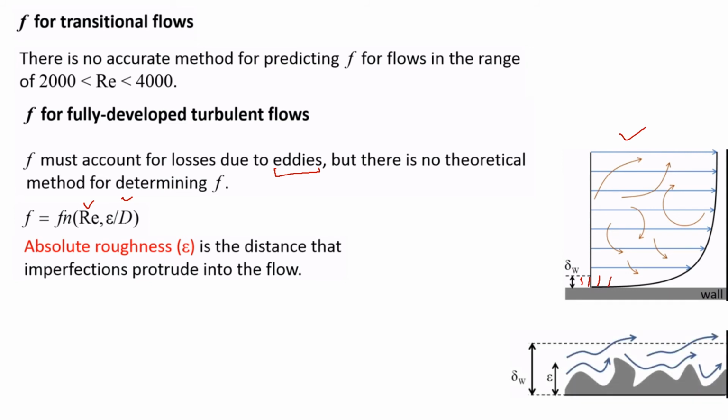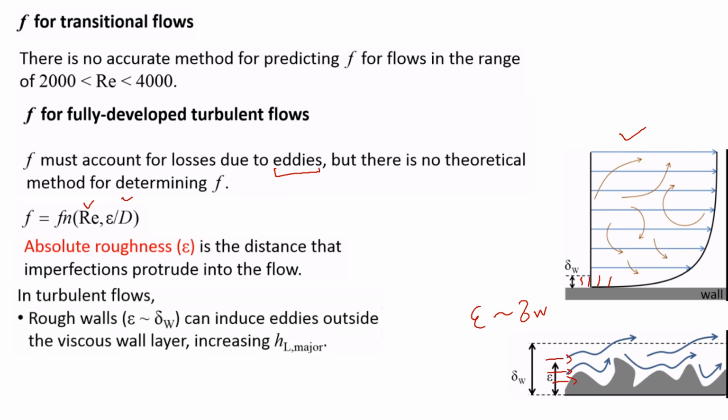As you can see in this diagram, if that epsilon is almost equal to this length, then it will protrude, this viscous sublayer will be disturbed, and it will actually result in eddies, and it will disturb the flow. So in turbulent flows, rough walls can induce eddies outside the viscous wall layer, increasing the major head losses.